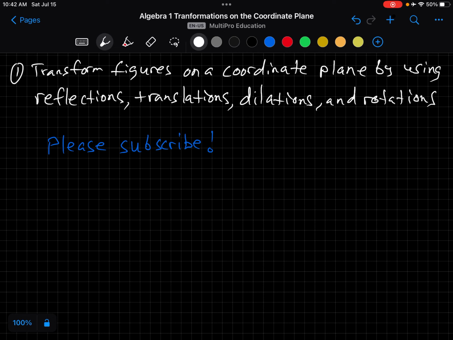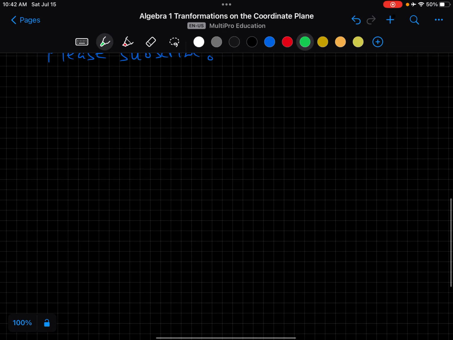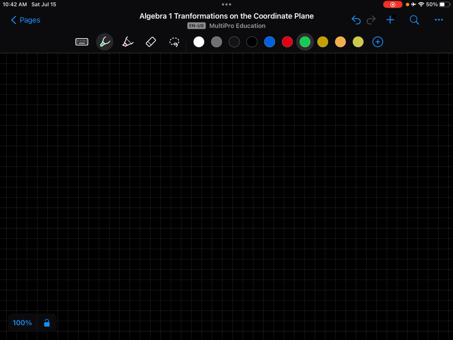Alright, so let's start out with some definitions. The first one is transformation. We want to know how to be transformed. There's lots of kinds of transformations out there. And maybe you've seen the movie Transformers, where things look like something and then they look like something else. And that's really what we're doing here today.